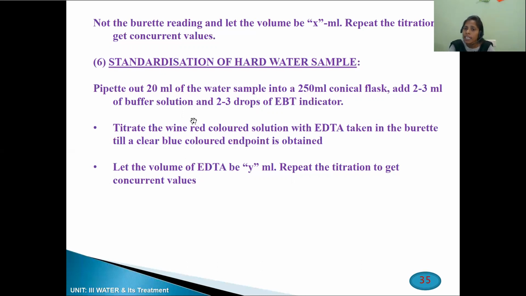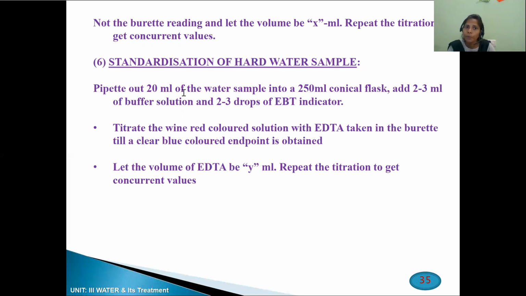So that is the standardization of EDTA. After that, we have to use our water sample, whatever water sample is given in the laboratory. You are going to find out the hardness of that water sample. So that is the standardization of the hard water sample.